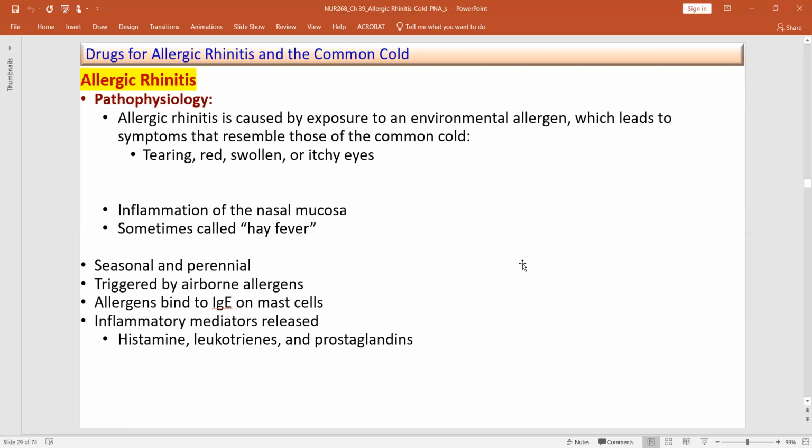The patient will experience cough, in addition to tearing, red, swollen, itchy eyes. They will have sneezing, nasal itching or congestion, post-nasal drip, cough, scratchy throat, and some patients tend to develop conjunctivitis, inflammation of the sinuses, sinusitis, and sometimes asthma, becoming asthmatic.